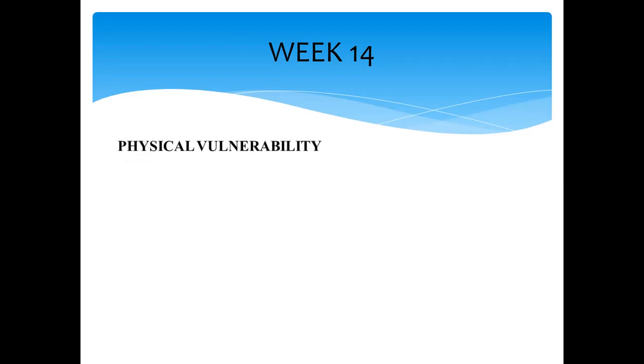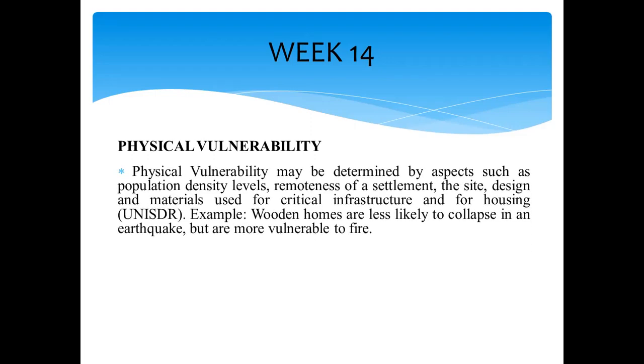We have again physical vulnerability. This is one of the types of vulnerability. Physical vulnerability may be determined by aspects such as population density levels, remoteness of a settlement, the site, the design, and materials used for critical infrastructure. For example, wooden homes are less likely to collapse in an earthquake but more vulnerable to fire.